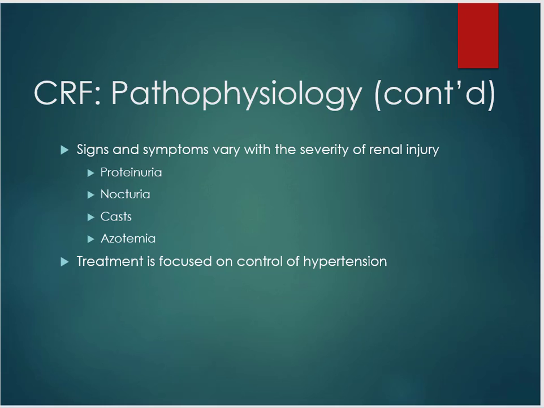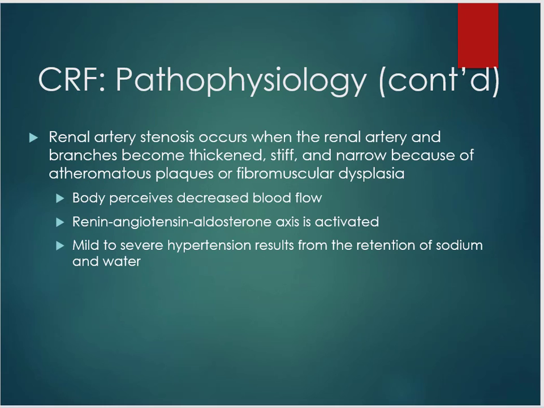And it's a vicious cycle, because if there's renal artery stenosis and those vessels become thick and stiff, the body perceives a decrease in blood flow, and then the renin, angiotensin, aldosterone axis is activated, and you can have anywhere from mild to severe hypertension as a result of the retention of water and sodium.